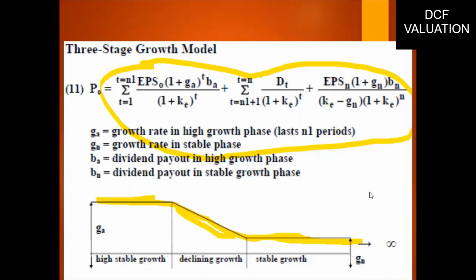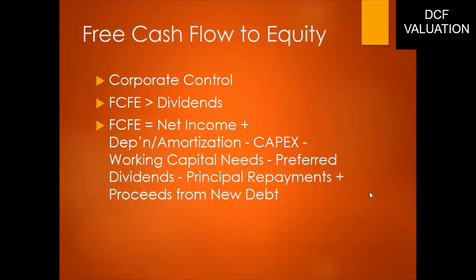But what we're really after are the free cash flows available to these common stockholders. So there's an alternative to the dividend discount model. We call that the free cash flow to equity model.